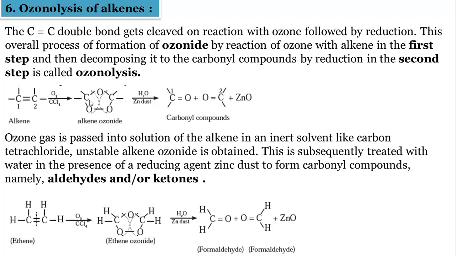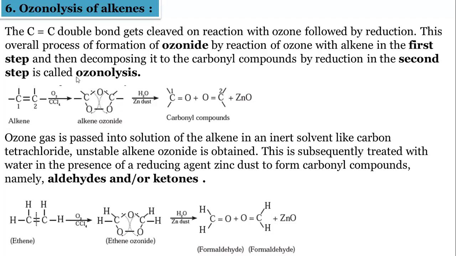In the first step, the alkyl ozonide is formed, meaning three oxygens get attached to the double bond. The double bond is broken, and the first oxygen is added here, then the second oxygen, and the third oxygen. This is a temple-like structure. Remember, this reaction is very important and quite difficult to understand.